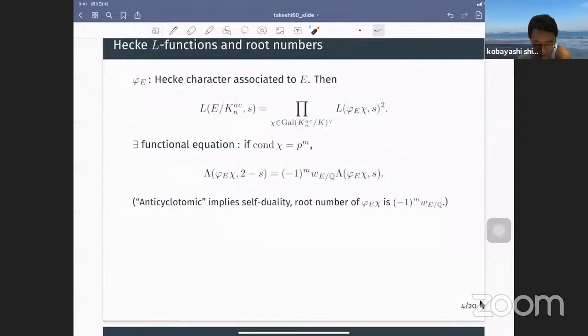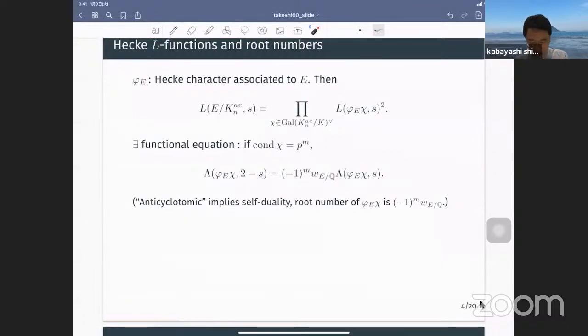So for a character chi of conductor p to the power m, the functional equation is like this. The point is that anticyclotomic implies certain self-duality, so we have the same character appearing here. And so the root number is always ±1 for any chi.